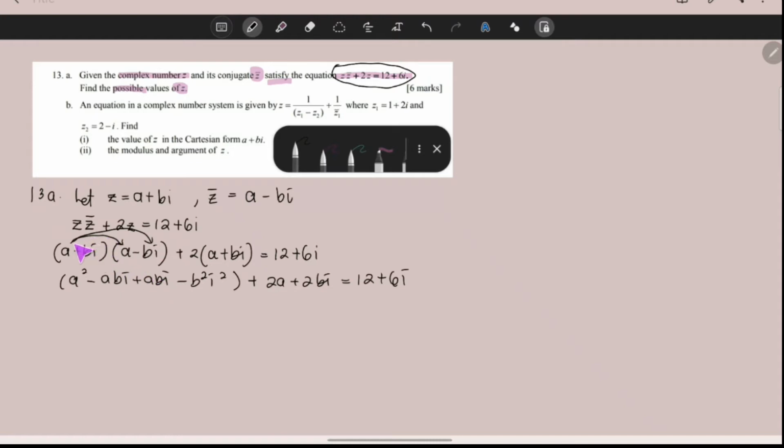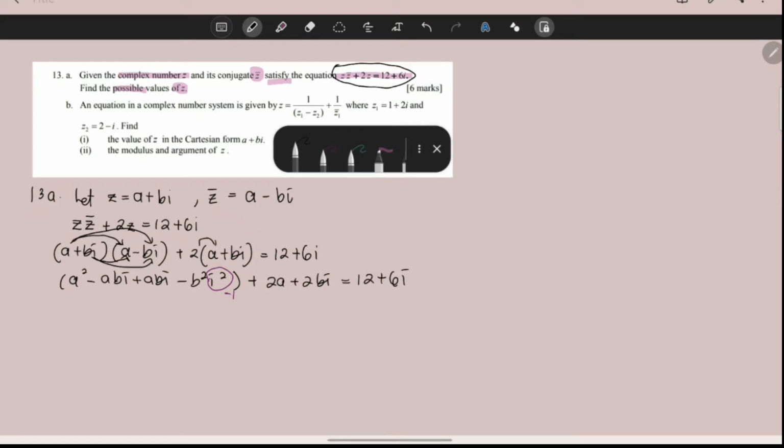I multiply this one with this one and so on, and the last one is negative times positive, b squared i squared. And you know i squared is negative 1. Later we are going to substitute it with negative 1.